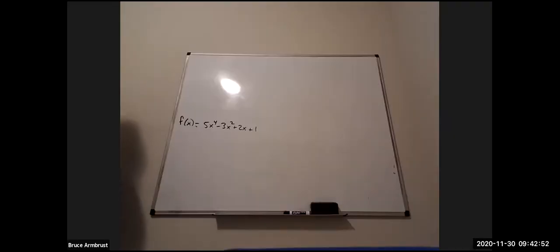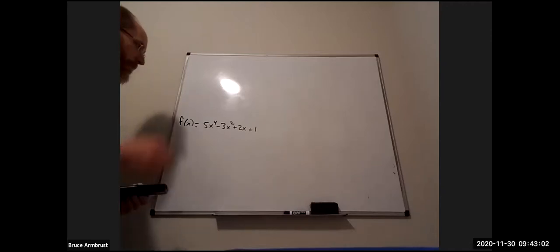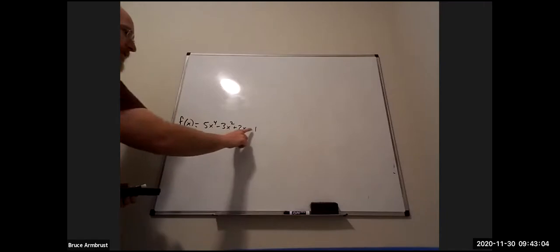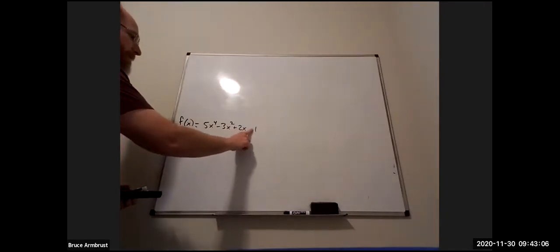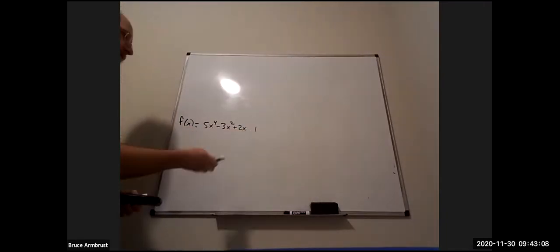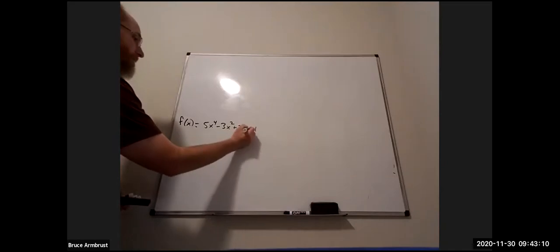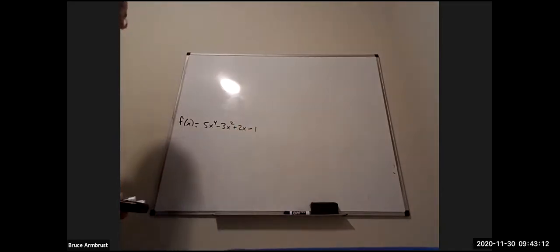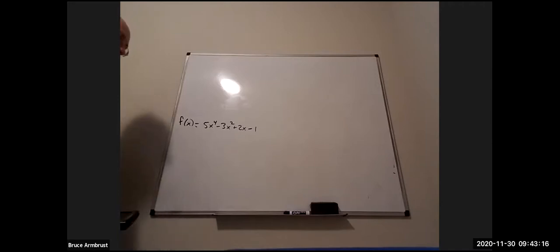Okay, so here's the function. Again, we're going to try to find the zeros of this function. Actually, you know what? Let's make this a -1. I just want to ensure that we've got zeros. I'm not 100% certain that if it's a plus, it does. I think it does, but this one I know for sure does.